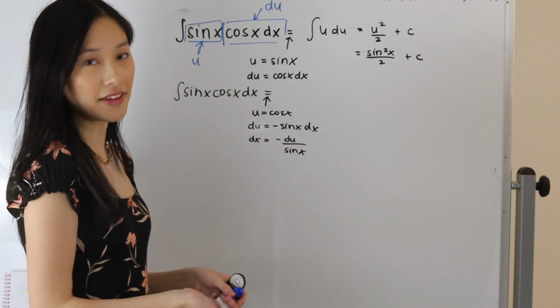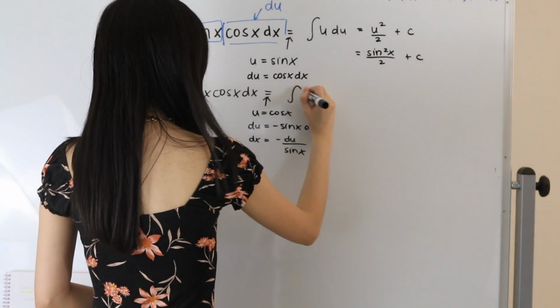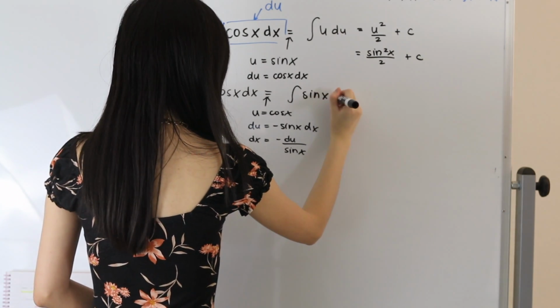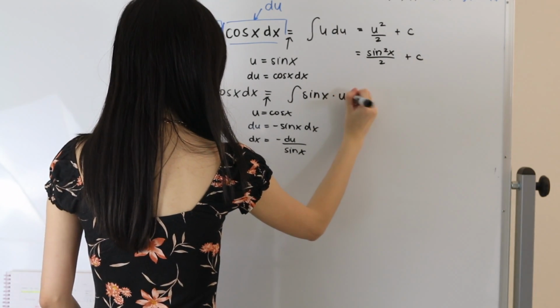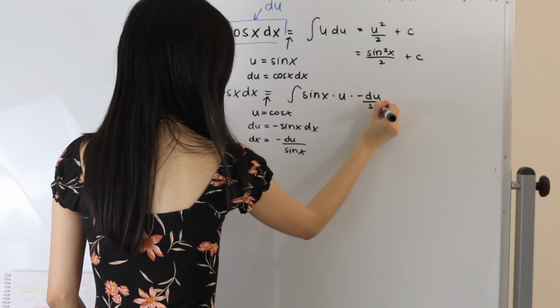And let's rewrite this integral in terms of u. So this gives us the integral of sine of x times u times minus du over sine of x.